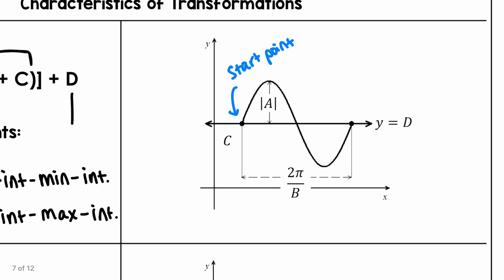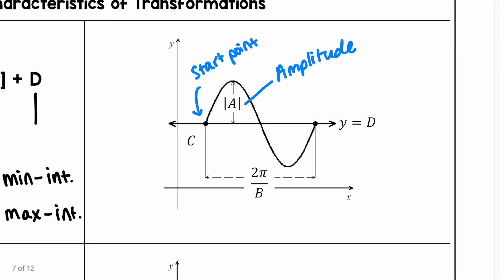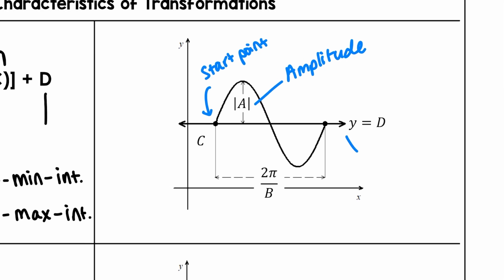And then of course A is still our amplitude, absolute value. Y equals D, that's our midline. And then of course our period is 2 pi over B. So this C is really just something a little bit extra.